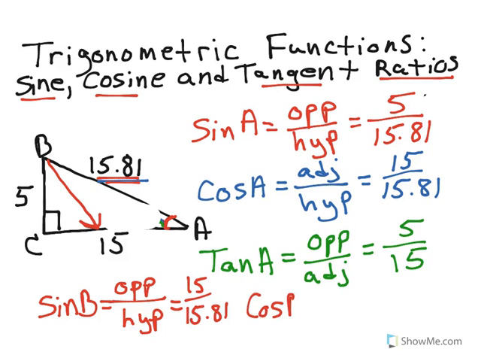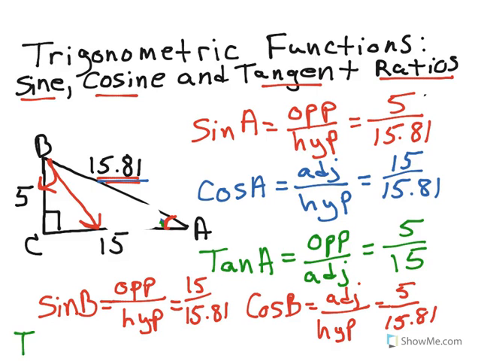Cosine of angle B still is the adjacent side to angle B divided by the hypotenuse. The adjacent side to angle B is 5, divided by the hypotenuse, 15.81.